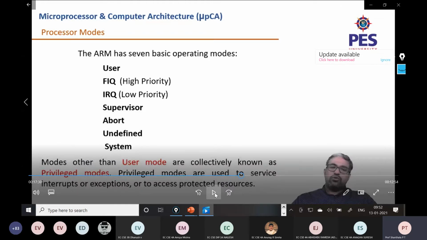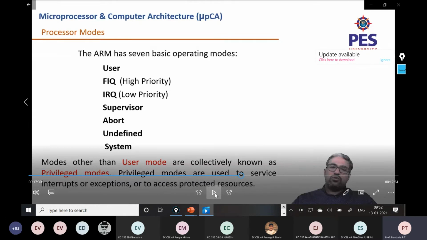So why are we using the processor modes? The processor mode determines which registers are active, because we have several registers here, and not all the registers are active at a time. Some of the registers are active in a particular mode. So the processor mode determines which registers are active and the access rights to the CPSR register itself.